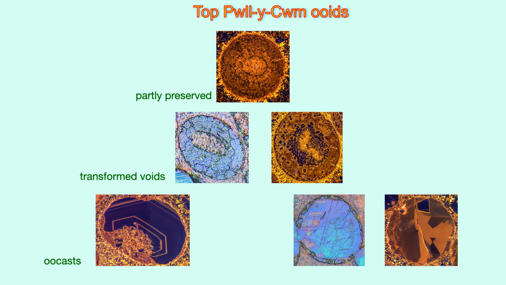The transformation of ooid cortices into granular crystals was carried out under reducing conditions and was initiated at multiple points in ooid cortices. Transformation of the original material was incomplete, for sufficient unaltered material was left behind to support any ooid nuclei in their original positions.